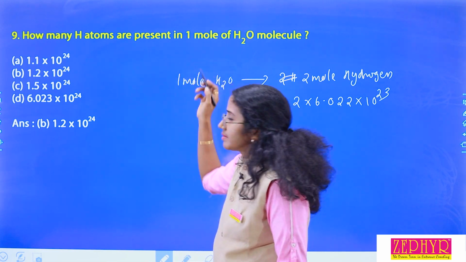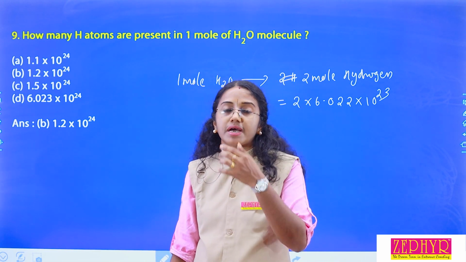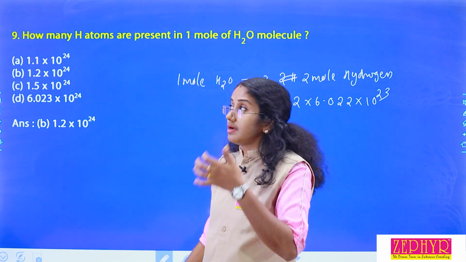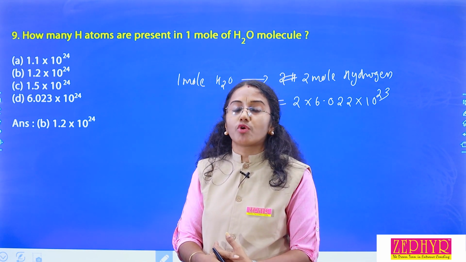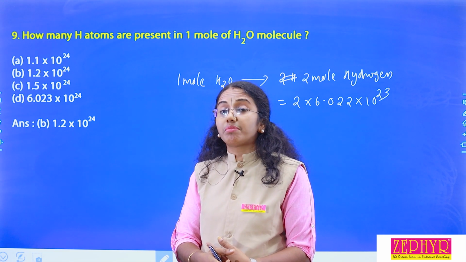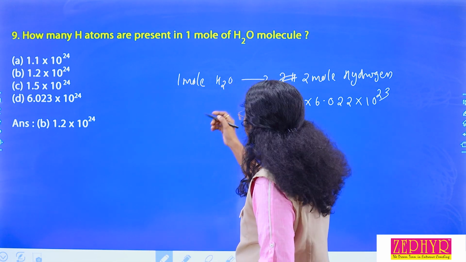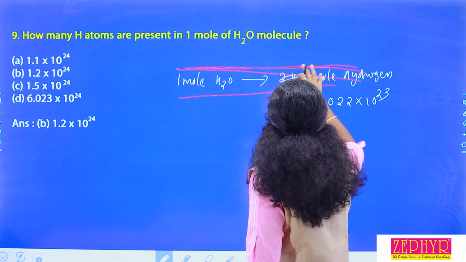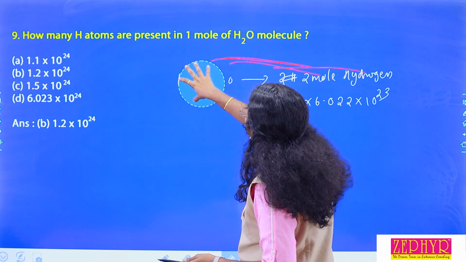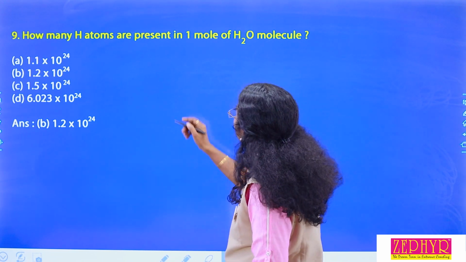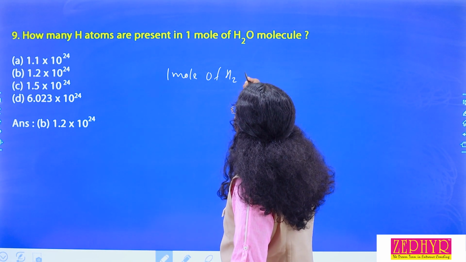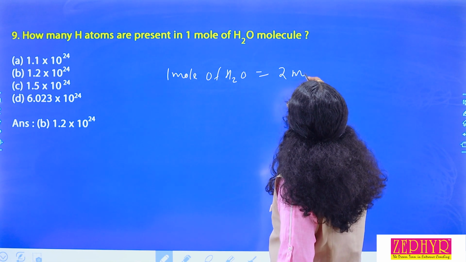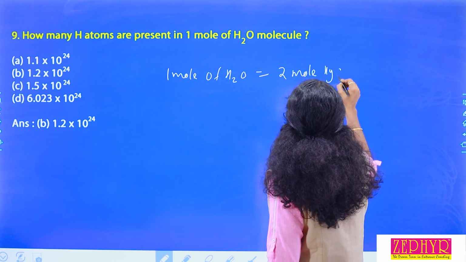How many hydrogen atoms are there now? Number of atoms equals given mass or number of molecules into atomicity, or number of moles into Avogadro number into atomicity. Here 1 mole of water contains 2 mole hydrogen.